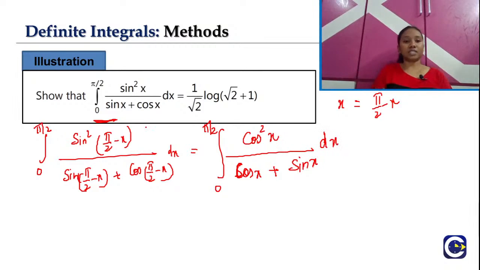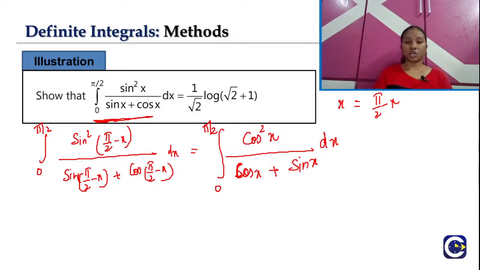Now if you observe, this is our given integral. After applying our property, the integral has the same denominator. So there is no change in the denominator, whereas we have a change in the numerator part of it.